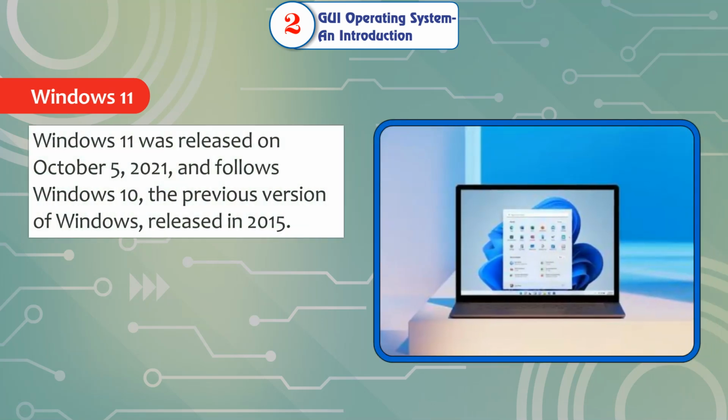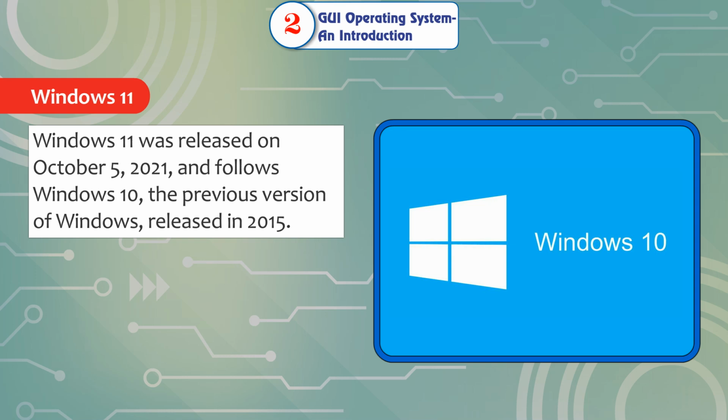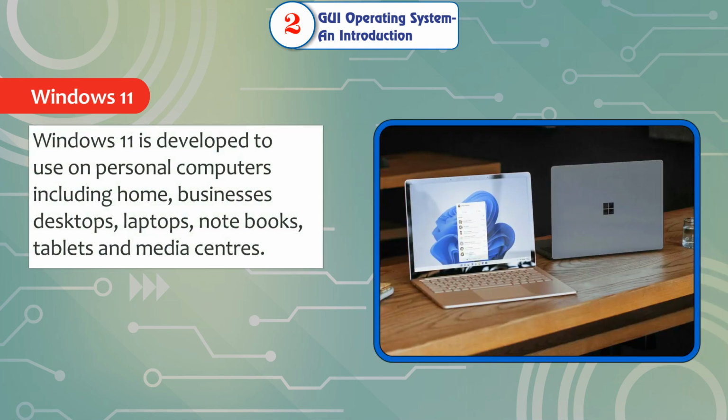Windows 11 was released on October 5, 2021 and follows Windows 10, the previous version of Windows, released in 2015. Windows 11 is developed to use on personal computers, including home, businesses, desktops, laptops, notebooks, tablets, and media centers.